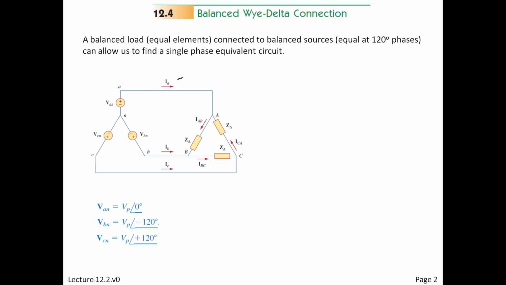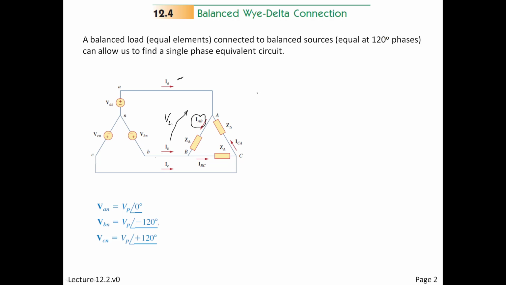There will be phase currents down here that will be made up of the current through an individual load, and that current is a function of the voltage across the load, which will be the line voltage, and it of course is made up of the phasor combination of the appropriate phase voltages.